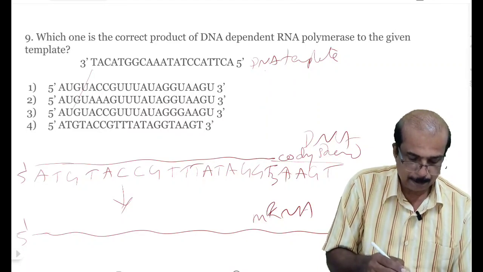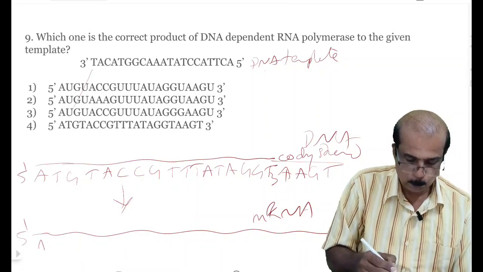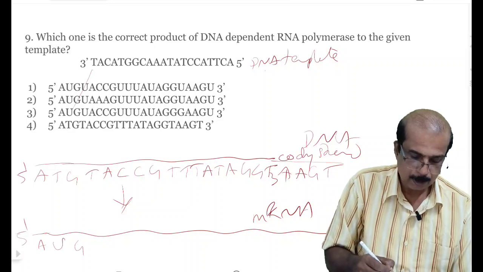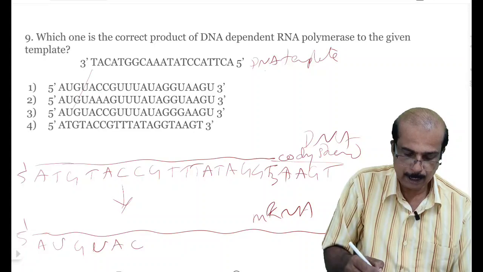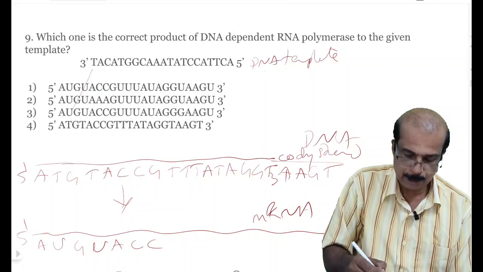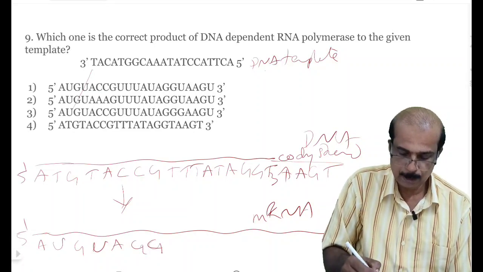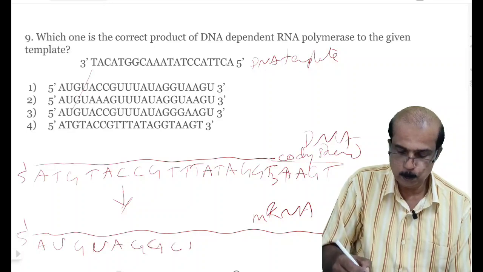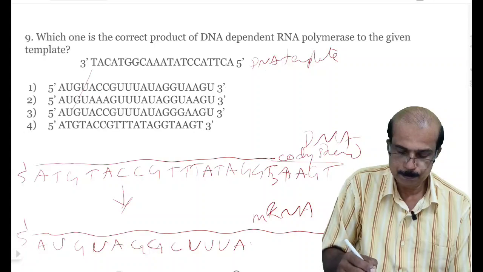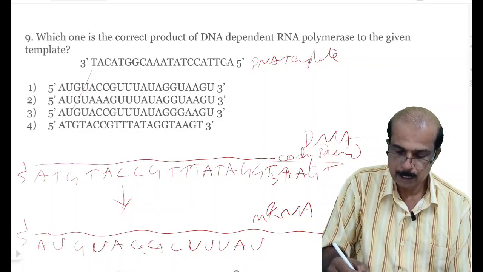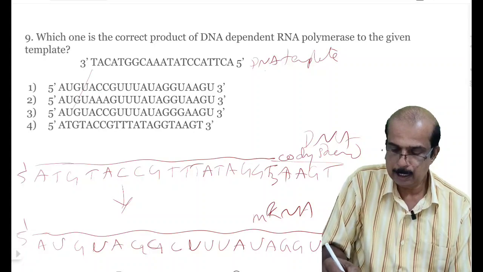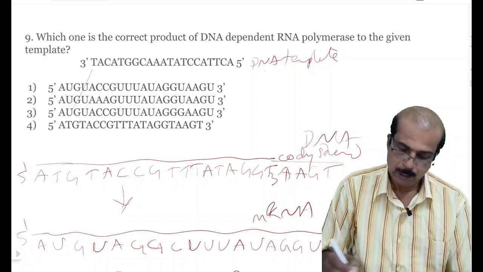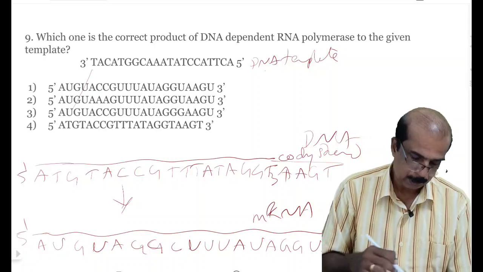So A, U, G, U, A, C, C, G, G, C, U, U, U, A, U, A, G, G, U, A, G, U. Here it is a lengthy mRNA.